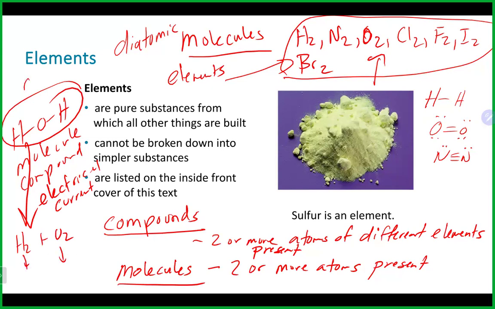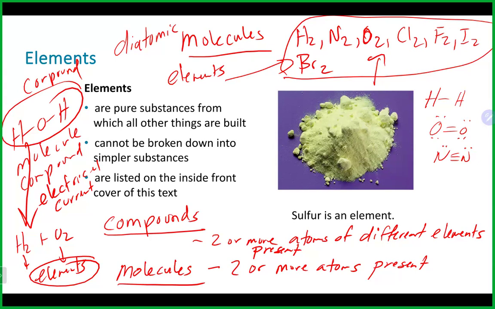So you could take it from a compound to elements, but as soon as you hit those elements, that's as far back as you could break it apart any further. So electrolysis of water is the right term there, not really hydrolysis, but the electrolysis of water. Any questions on the difference there between those things?